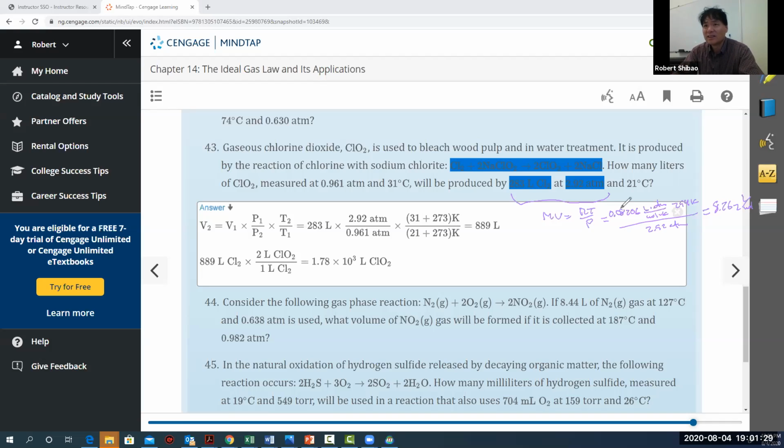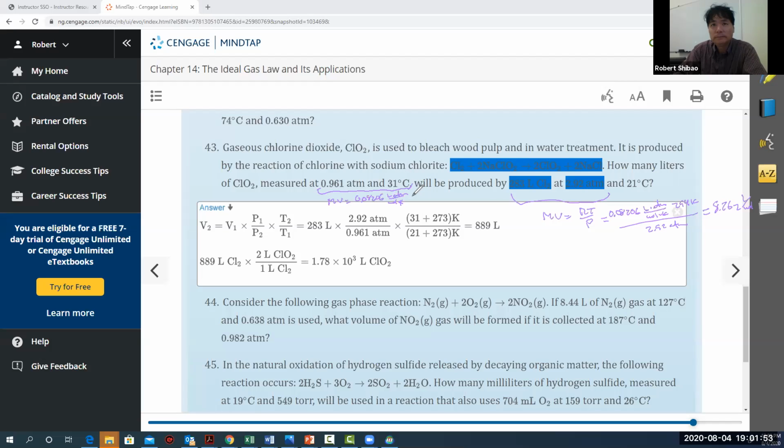So at high pressures, the volume gets compressed quite a bit. Okay, let's calculate the molar volume here. So the molar volume is equal to 0.08206 liters atmosphere per mole Kelvin.